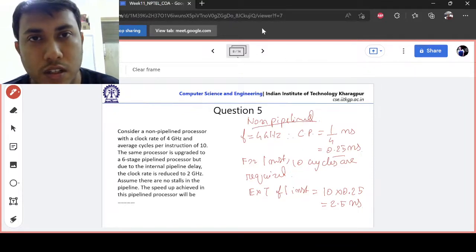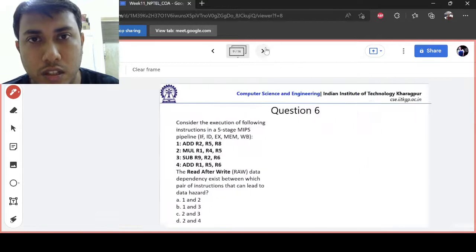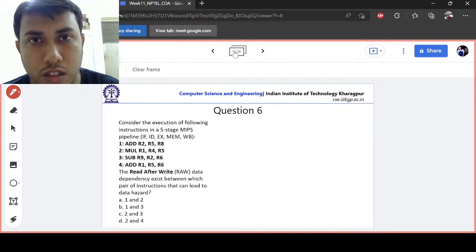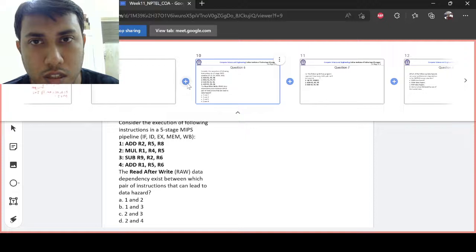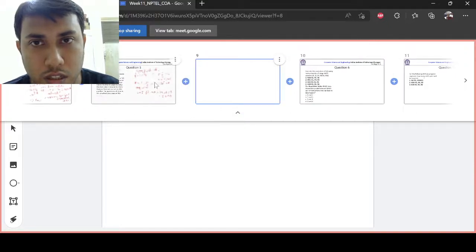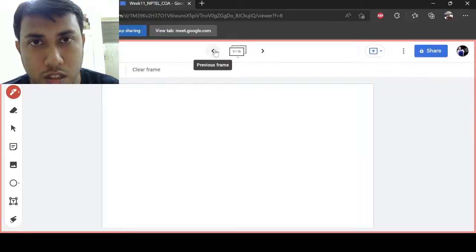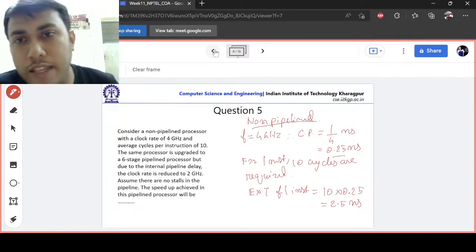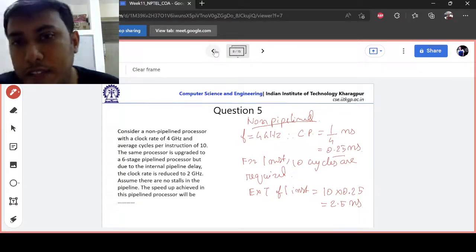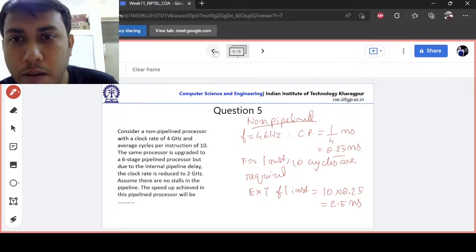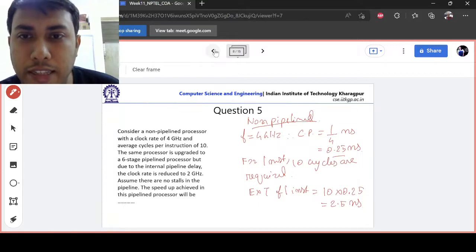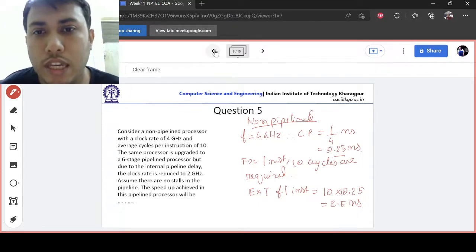Next, it is said the same processor is upgraded to a 6-stage pipeline processor, but due to the internal pipeline delay, the clock rate is reduced to 2 gigahertz.